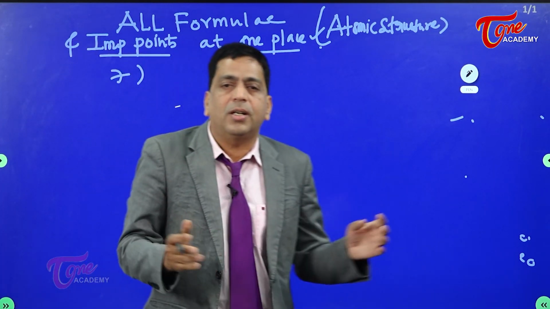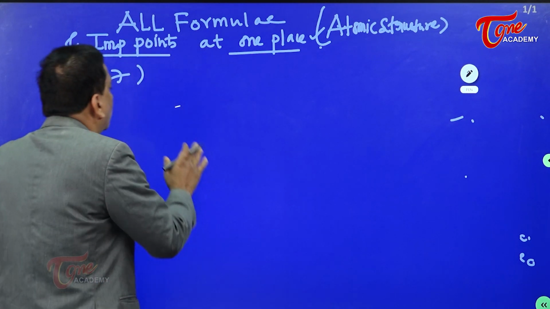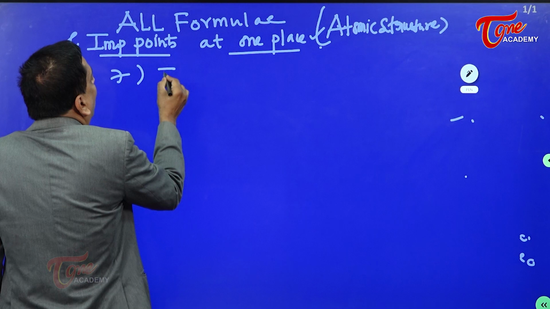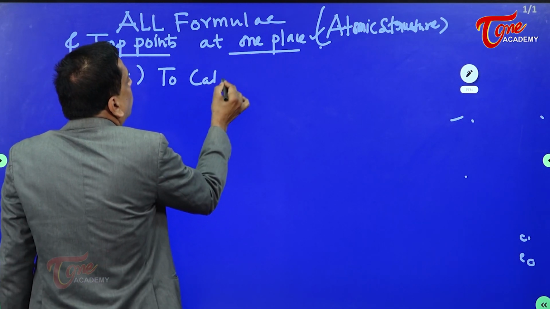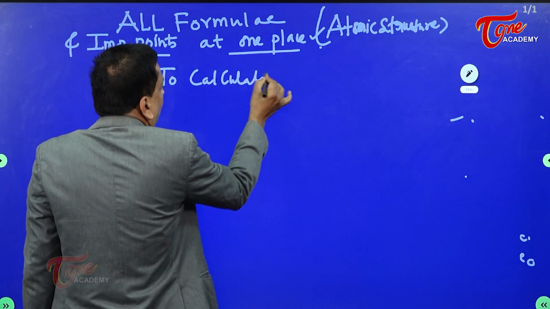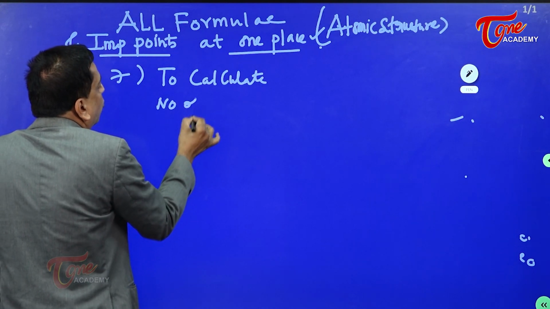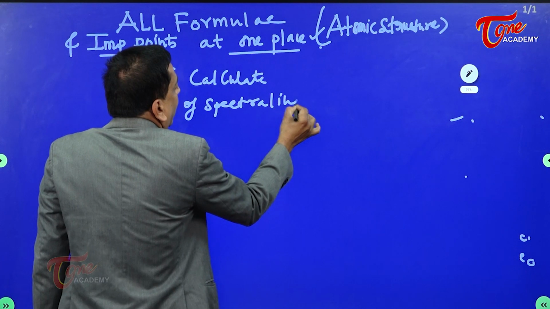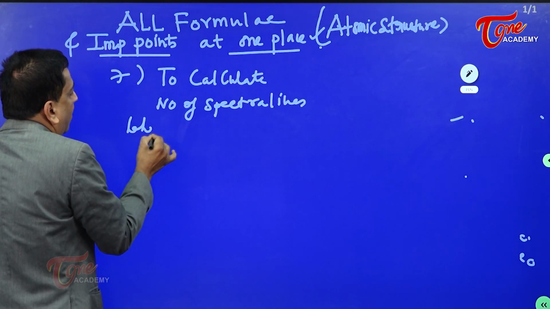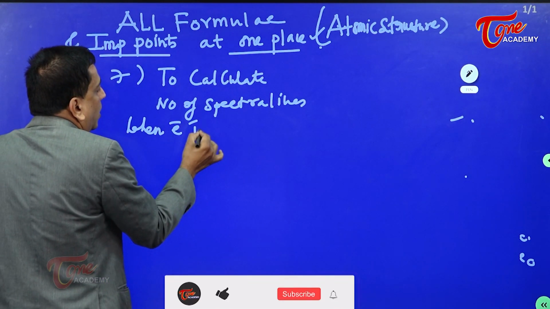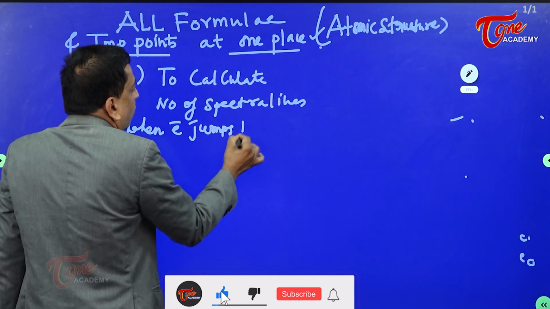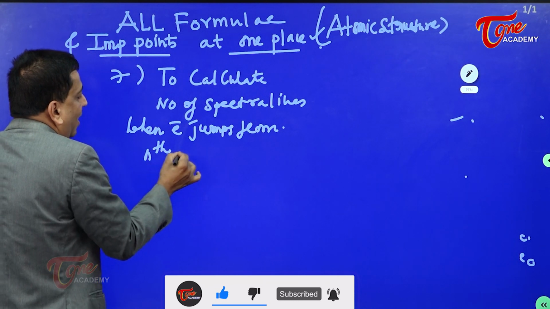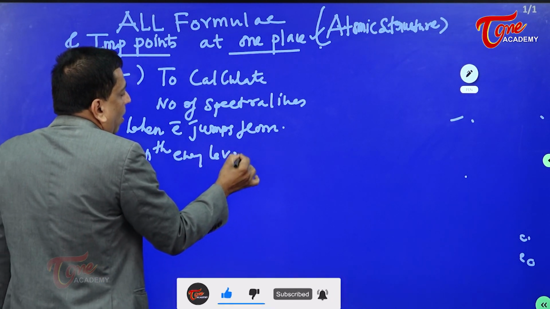You can change it to 7 rather, and here it is a question. Remember this: to calculate the number of spectral lines when an electron jumps from an nth energy level.